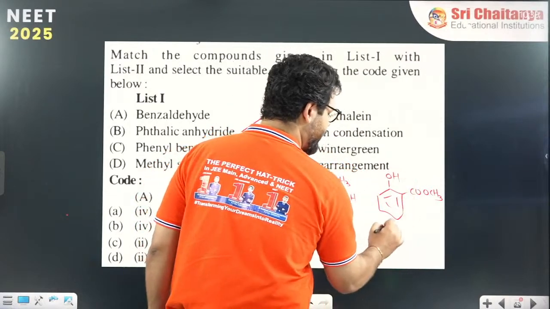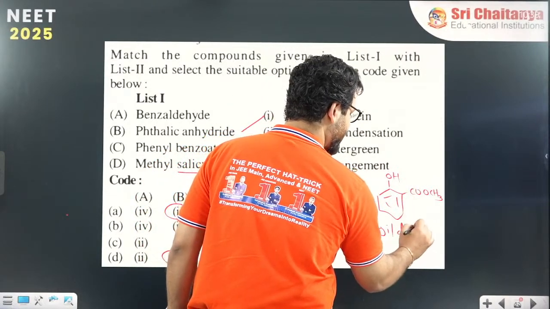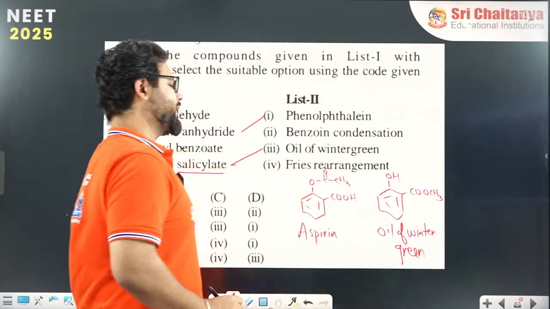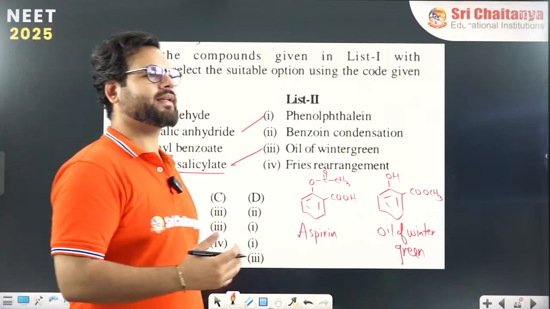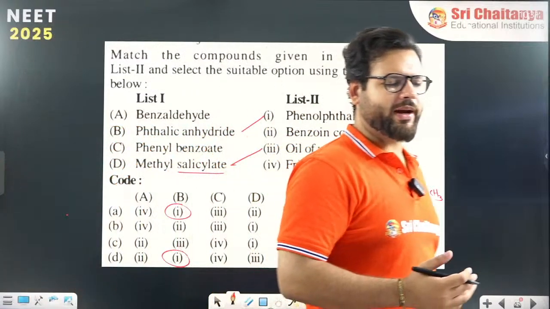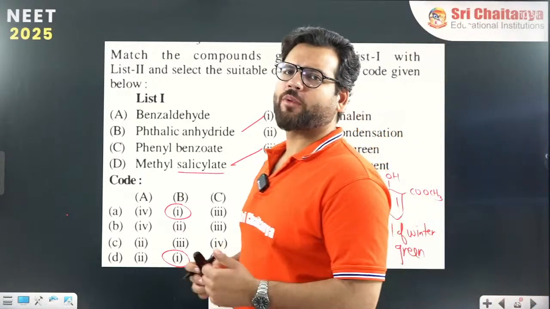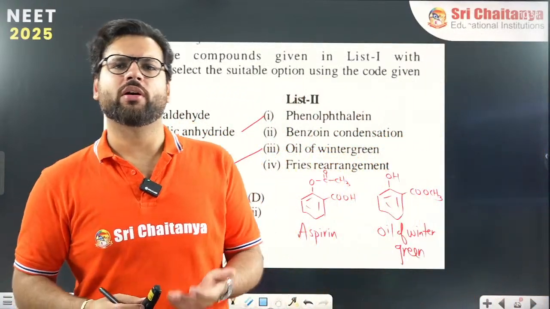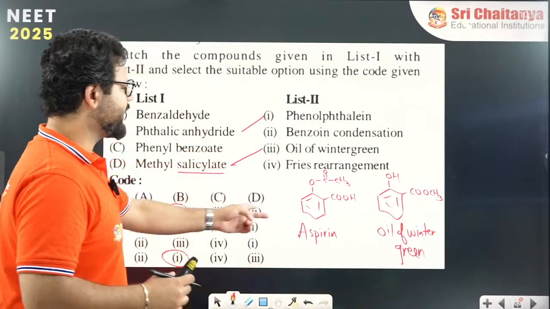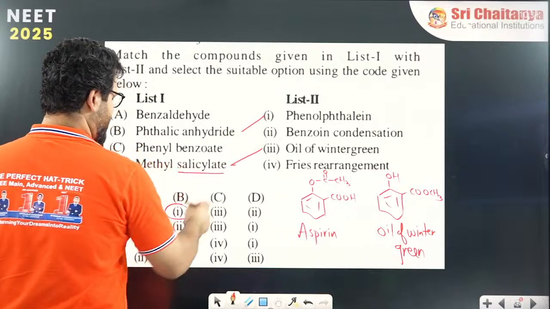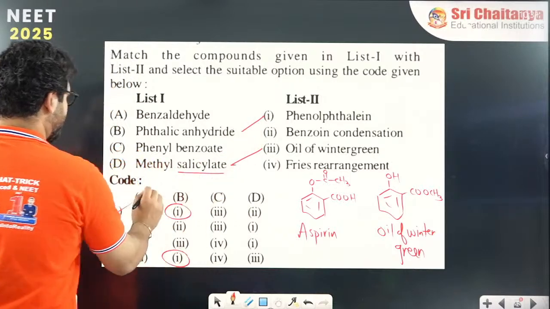This is oil of wintergreen. So how do you get salicylic acid? You get salicylic acid by Kolbe's carboxylation reaction of phenol. So after that, there are two things you can do. So 1 matches with 3, option A.